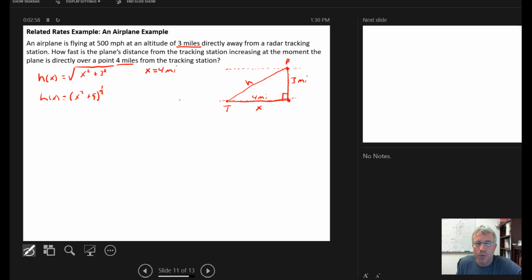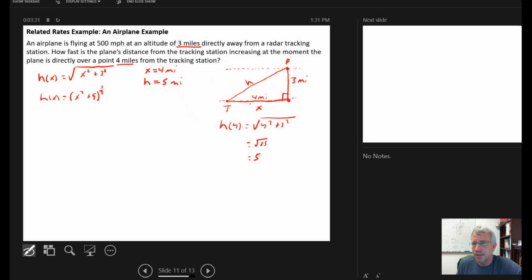When the distance is 4 miles, I can calculate the distance the plane is from the tracking station using the Pythagorean theorem. That's just going to be h of 4, which is the square root of 4 squared plus 3 squared, the square root of 25, which is just 5. So when x is 4, by the Pythagorean theorem, h is 5. It's a 3, 4, 5 Pythagorean triple.